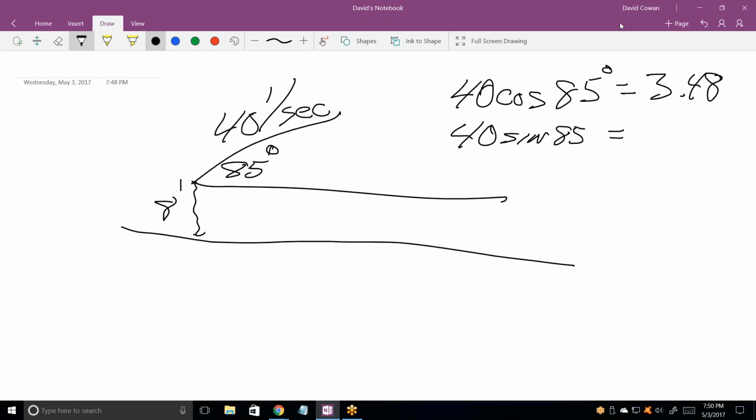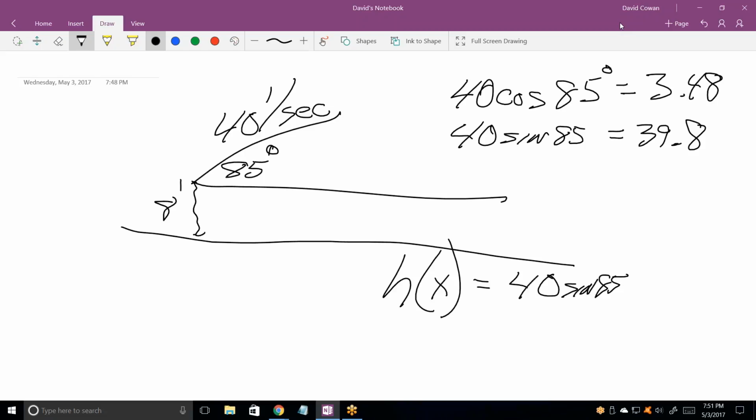Uh, 39.8. Okay. The height of the rock at any point in time as a function of time is h of t equals the magnitude of the vector times the sine of 85 degrees.